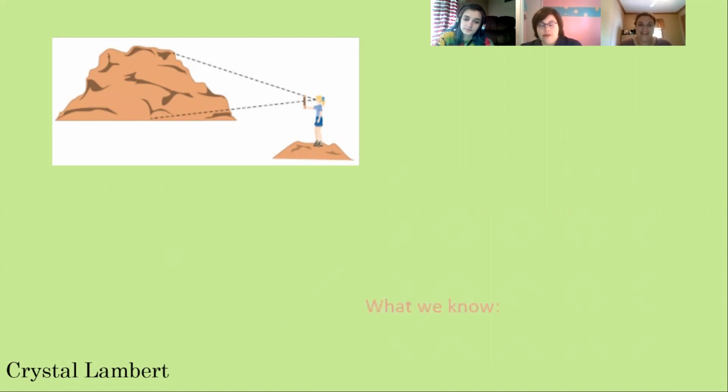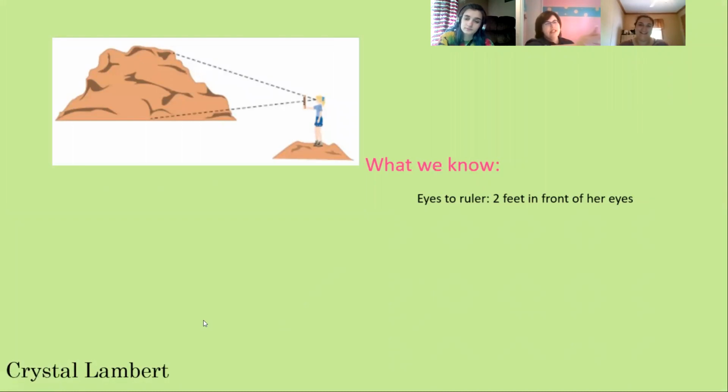First, we know that Jenny is standing out there with her ruler in front of her, and her ruler is 2 feet in front of her eyes. Then our next fact is that when she's looking at the face of the cliff, the difference between where she can see the top of the cliff and the bottom of the cliff is 1.5 inches.